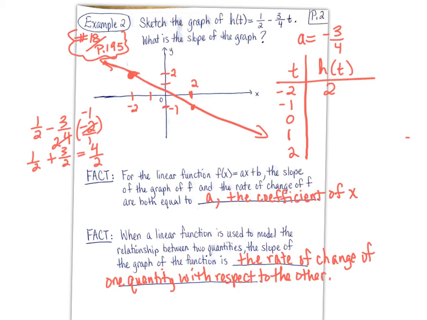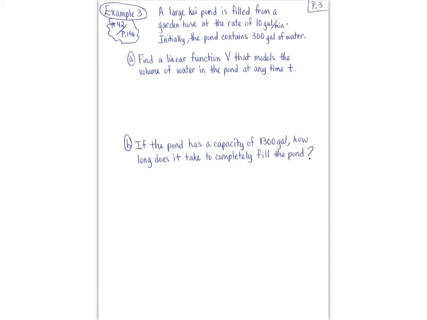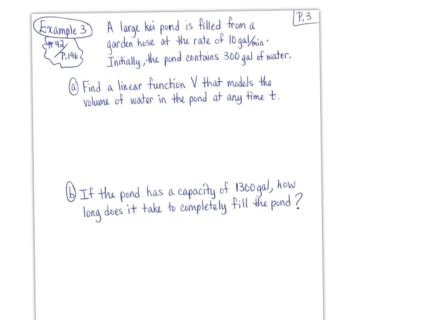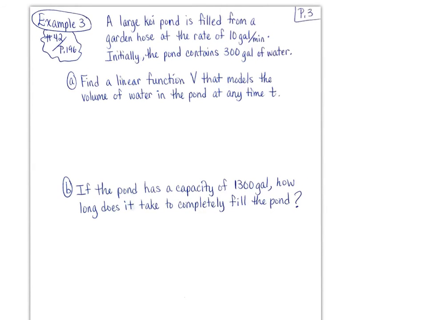So now the last example is an example of a real life situation that involves a linear model. Okay? So a large koi pond is filled from a garden hose at the rate of 10 gallons per minute. Initially, the pond contains 300 gallons of water.